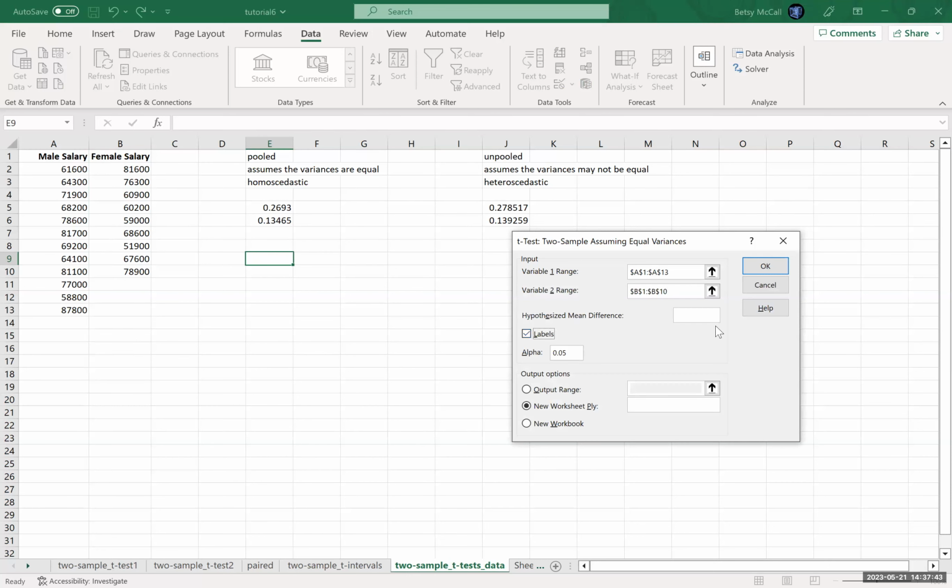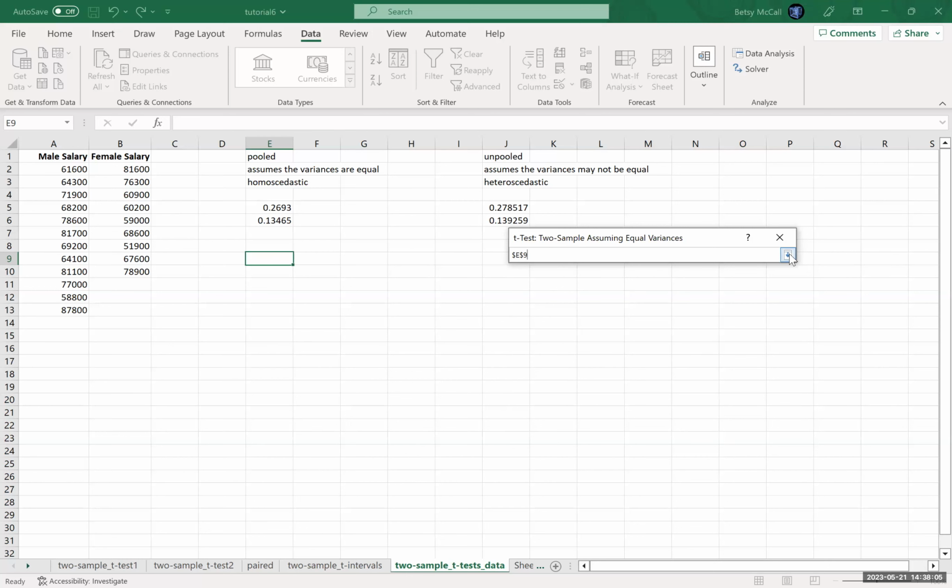And we did check the labels. We're hypothesizing the difference is 0. Again, if men are being paid more, we could put in, let's say, $5,000 as a hypothesized difference, but we're just going to test to see if they're equal or not. And then the output range, I'm going to put that right there.